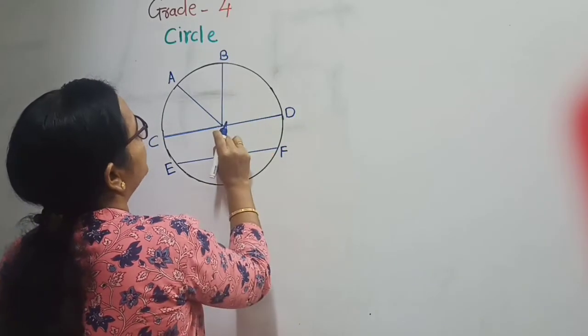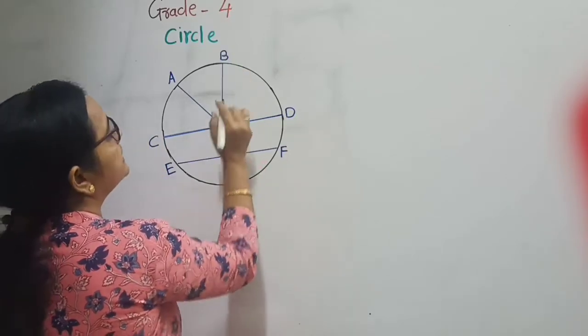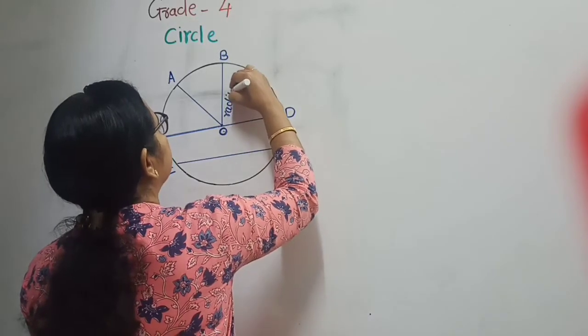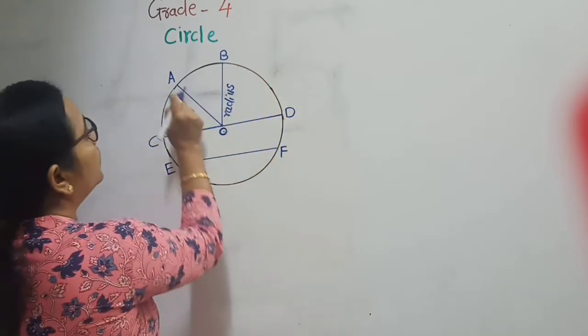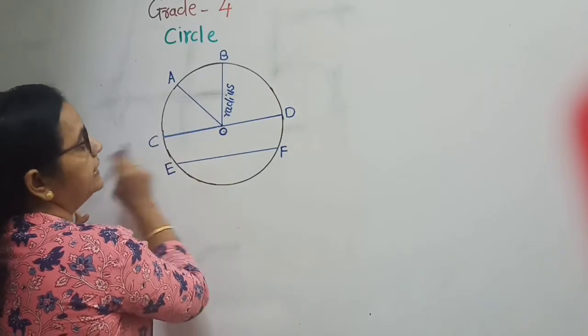See, OD is a radius, OB is a radius, OA is a radius, OC is a radius.